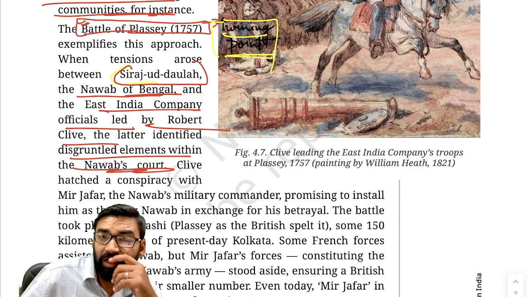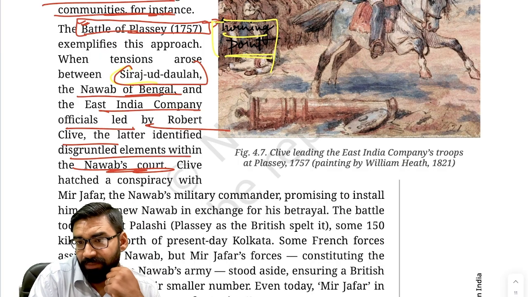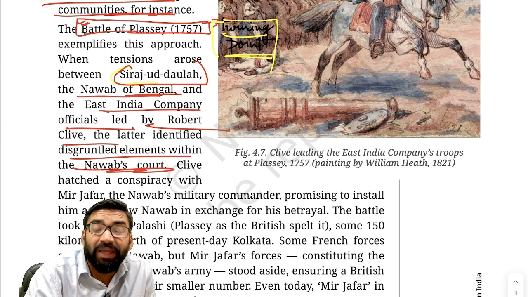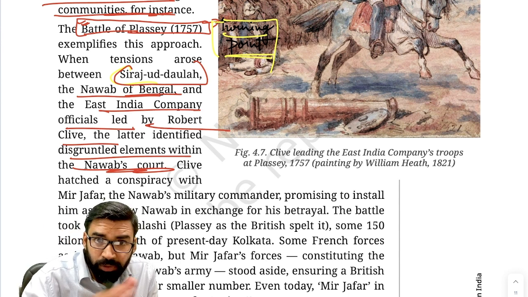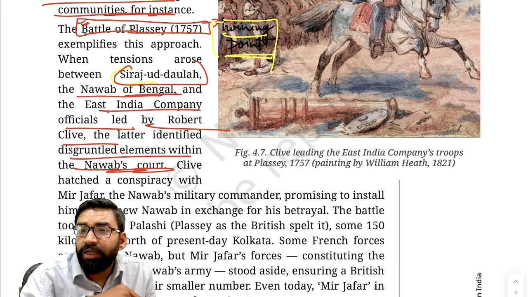So what is Clive going to do? Clive is going to conspire against the Nawab with court people who are against him. Clive is going to bribe them, to remove Nawab Siraj-ud-Daulah.